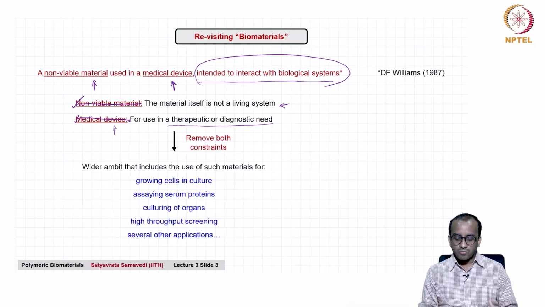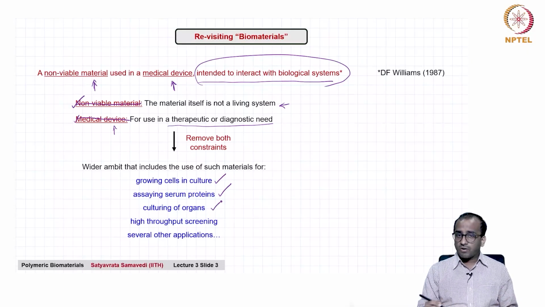Because you can now have a biomaterial include applications such as growing cells in culture, which is typically done in tissue engineering applications, assaying serum proteins, for example, culturing organs for, let's say, high throughput screening, for example, or even for replacement potentially, and many other applications, right?